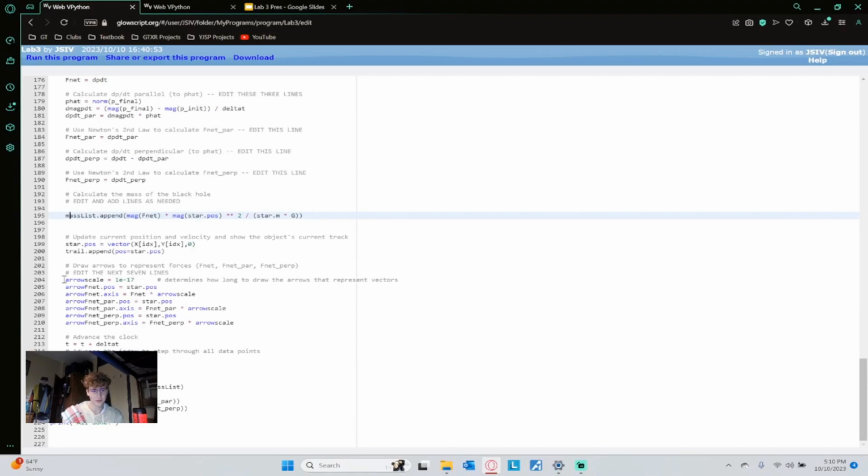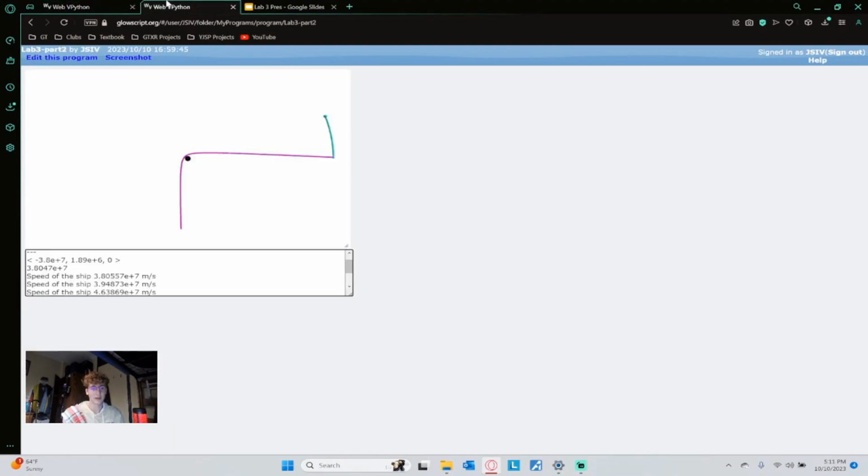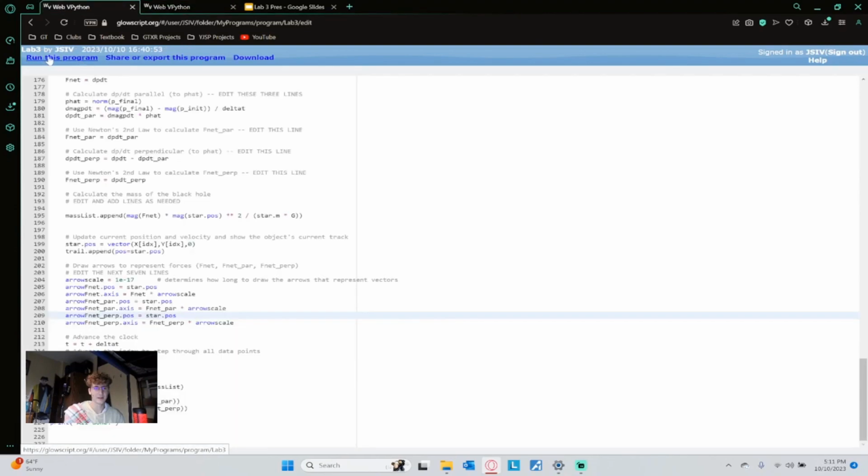This is just for drawing our force arrows. And finally, we have the black hole's mass being equal to the sum of the list that we made earlier divided by the length. This is essentially the average force of our calculation, which is going to give us the average mass that we calculated. Here's the first program running.